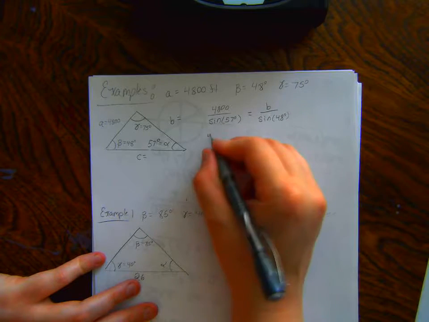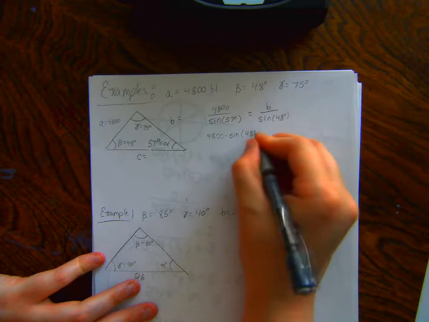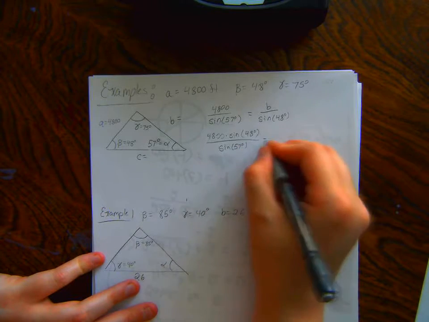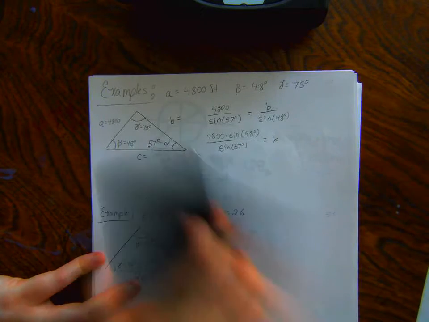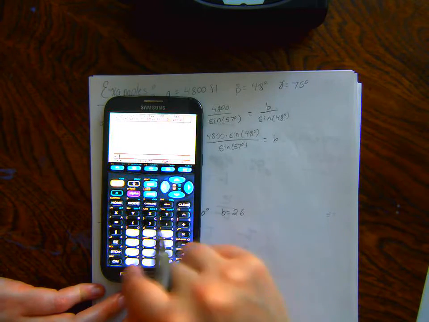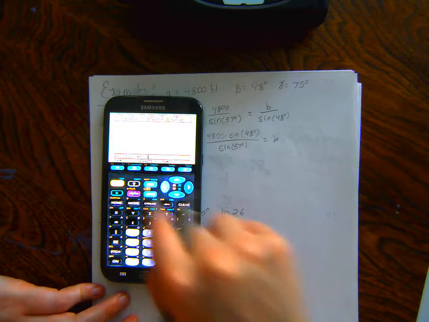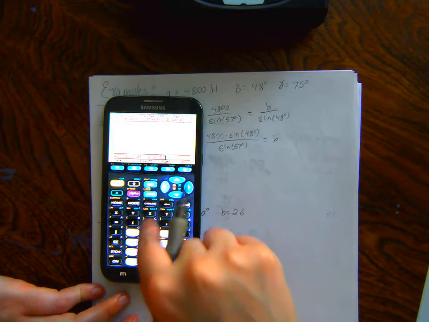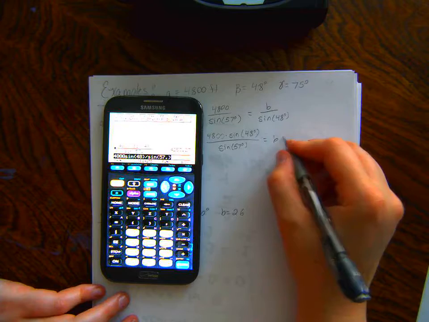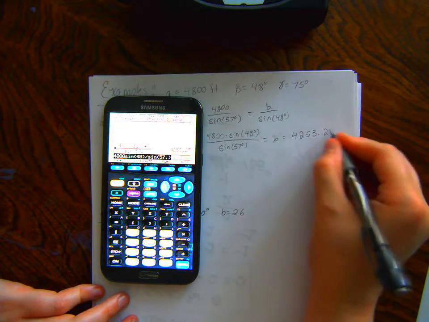I'm going to get 4,800 times sine of 48 degrees over sine of 57 degrees equals B. Okay, let's plug in our calculator and see what that's going to give us. So we have 4,800 times sine of 48 divided by sine of 57. Okay, so that means that B is going to be 4253.27.